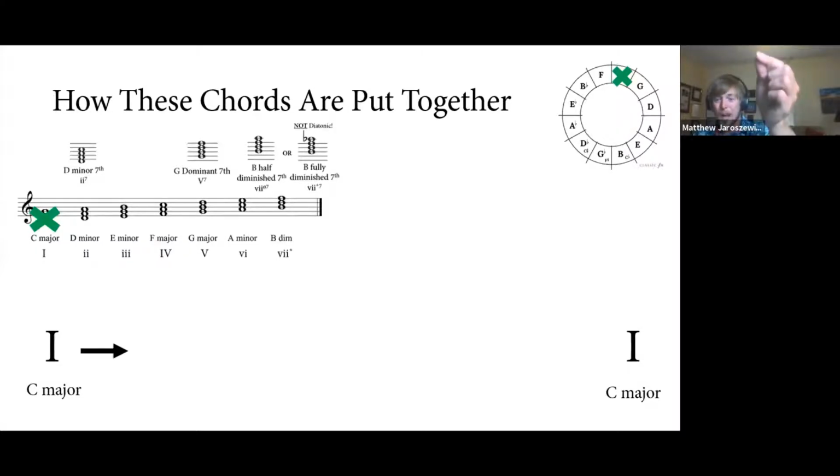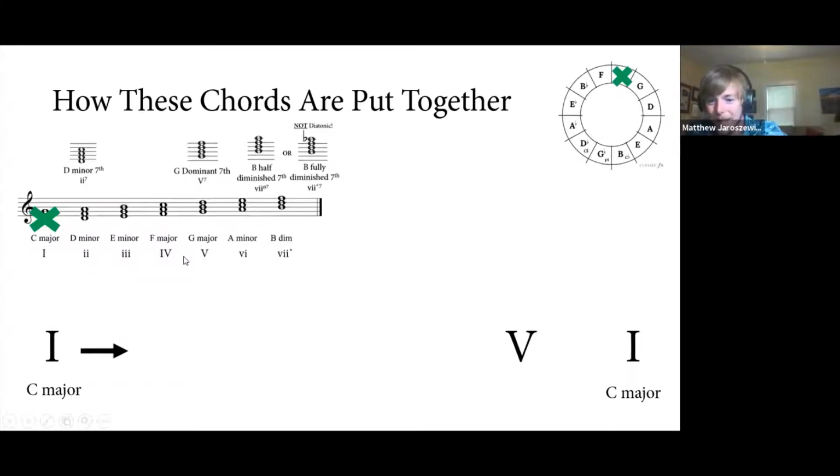So if we move clockwise around the circle of fifths, we get to G. And working backwards from our end goal of C major, if we look on the left where G major appears, that's going to be our 5 chord.